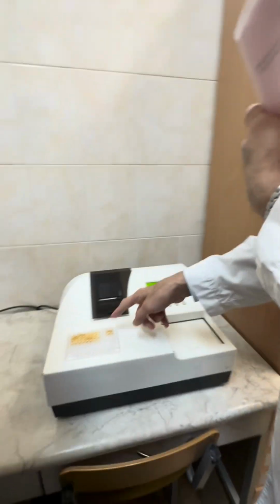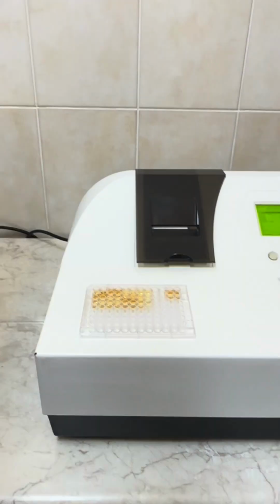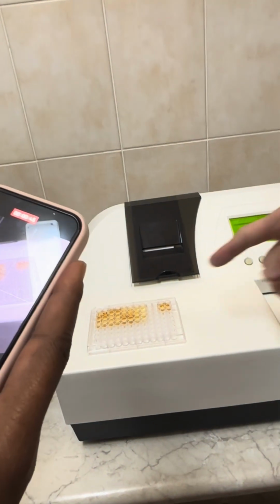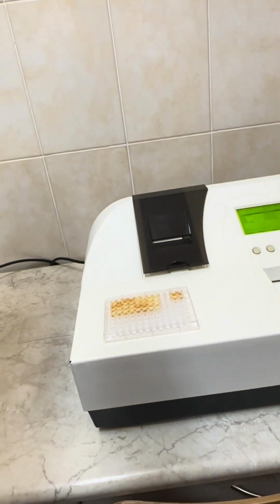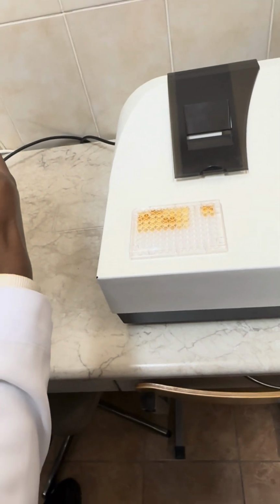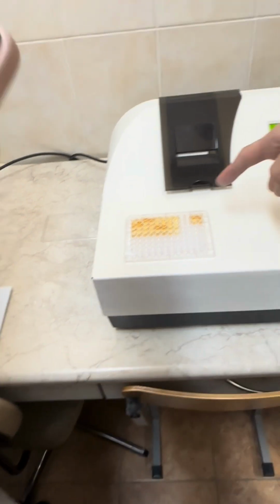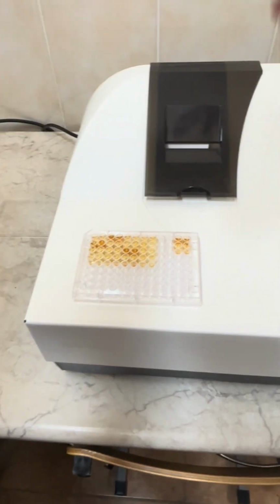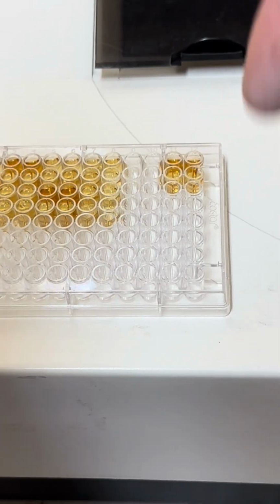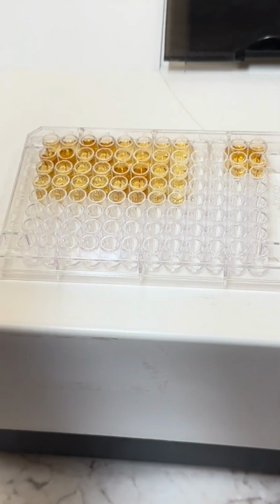Write down A11, A12 positive controls, B11, B12 negative controls. A11, A12 positive, B11, B12 minus. Okay? So people, again, you see more brown means more converted substrate, and more pale means a negative test or minimal activity.